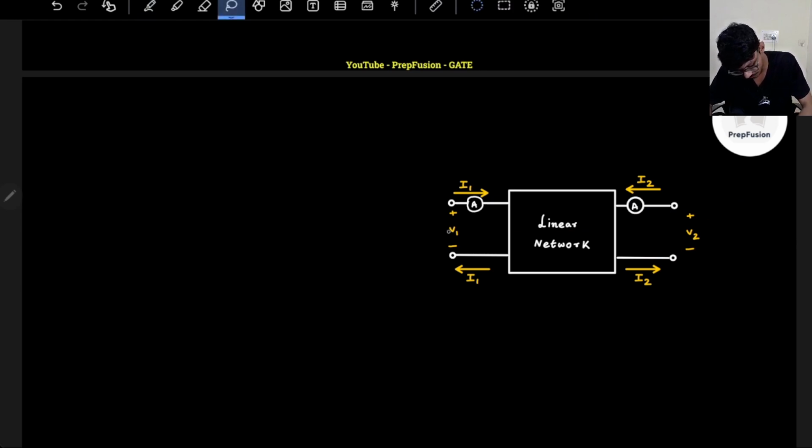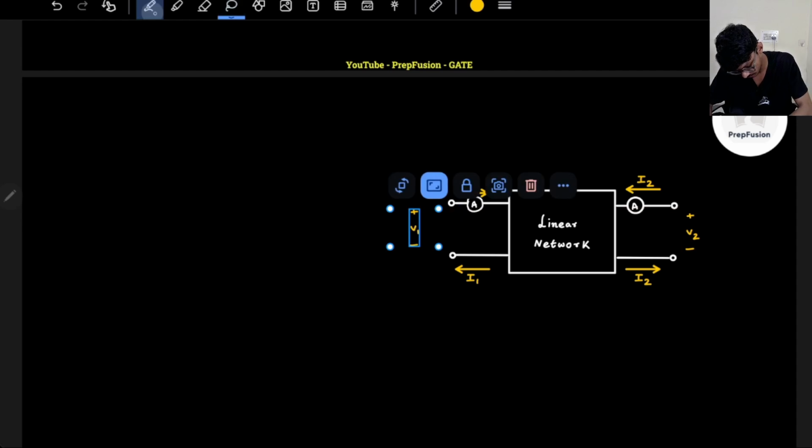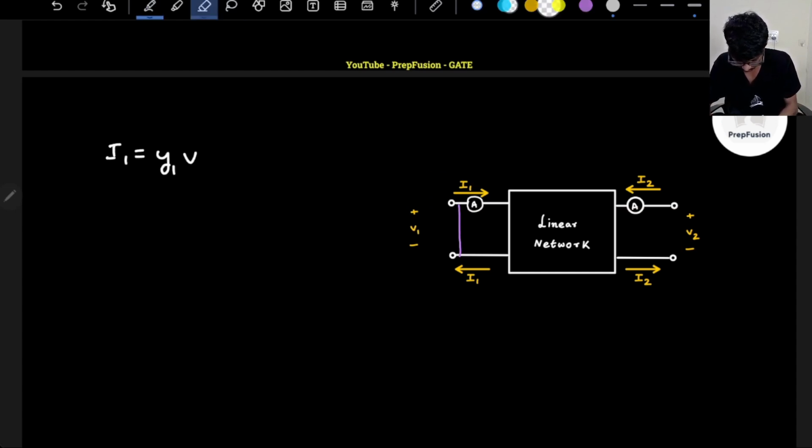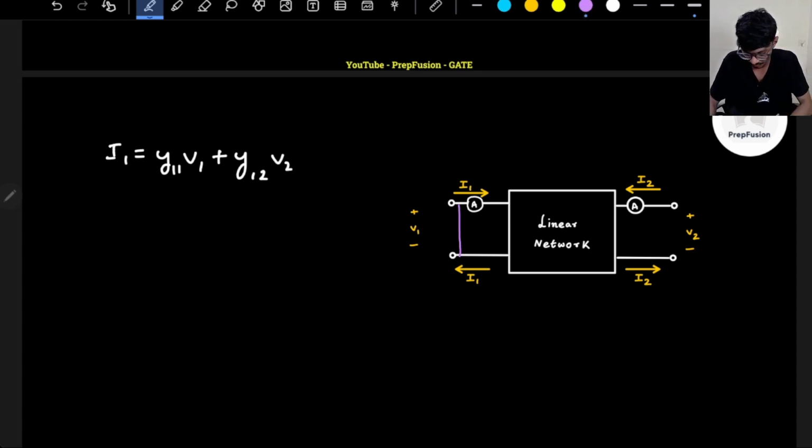Now V1 will be short circuited, because why? Let's write the equation again. My I1 equals Y11 V1 plus Y12 V2. So if V1 is made 0, then only I will be able to discuss Y12.